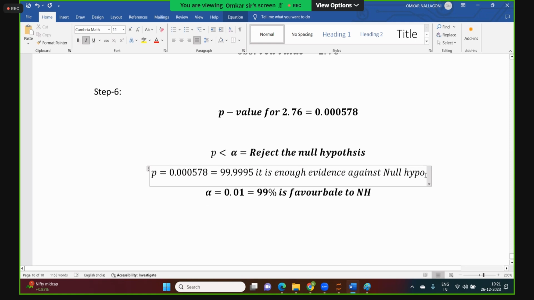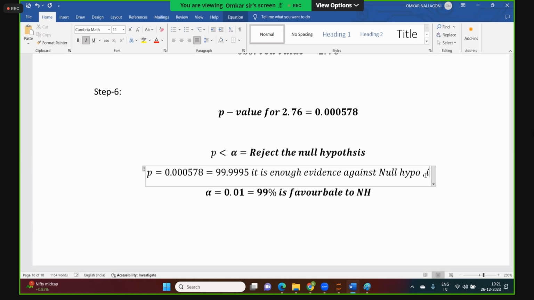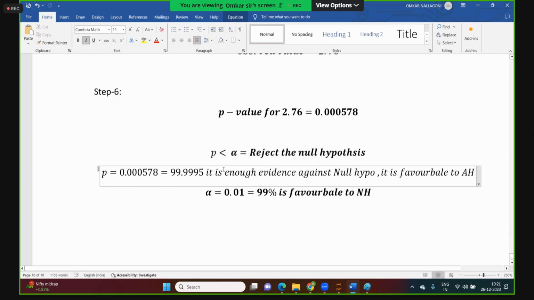The alternative hypothesis. Then who wins? The alternative wins. That's why we are rejecting the null hypothesis. That's it. P-value concept, understood now, everyone? You need to say this in the interview: it is enough evidence against the null hypothesis.